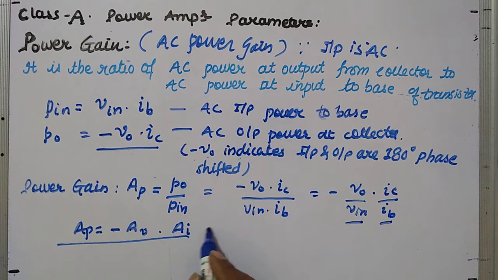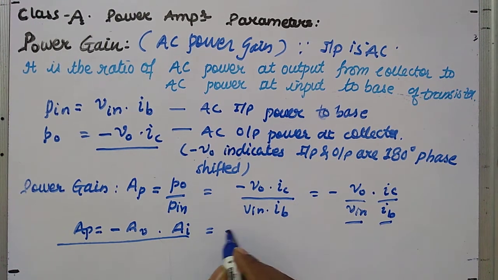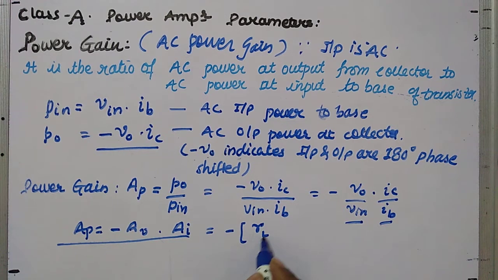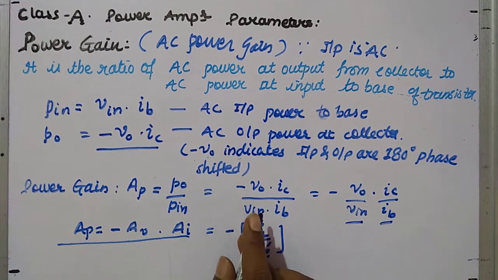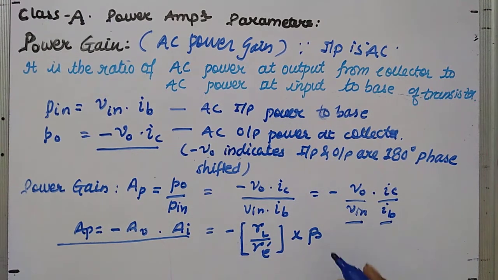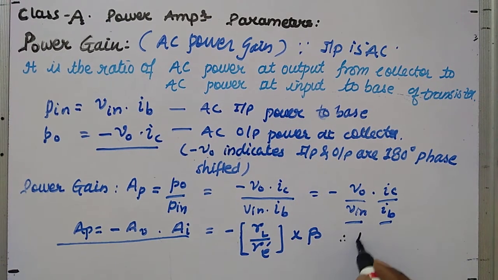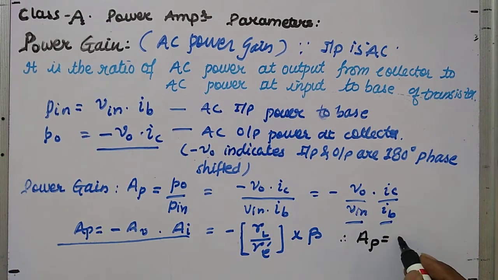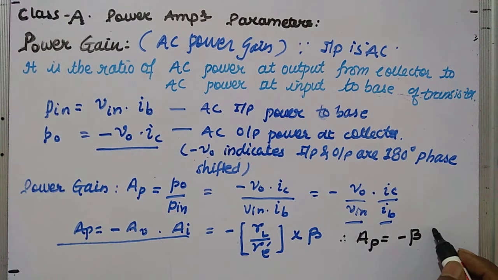Now again we will try to simplify it. Voltage gain is equal to minus RL divided by r'e, multiplied by current gain, which is given by beta. So finally we can conclude that power gain is equal to minus beta RL by r'e.